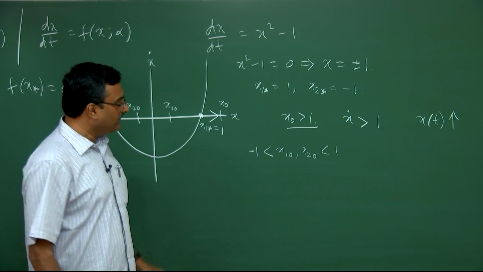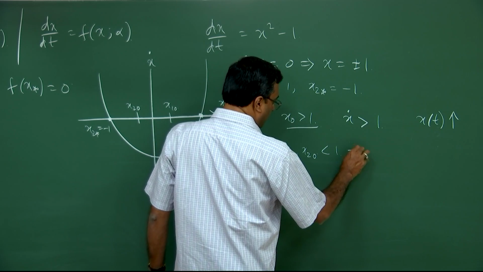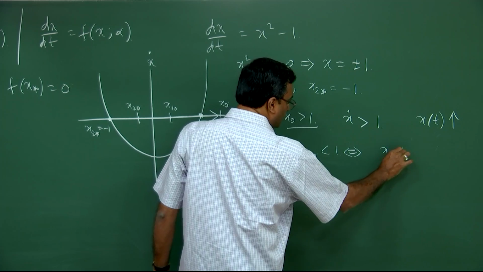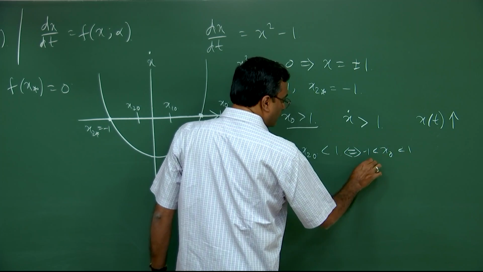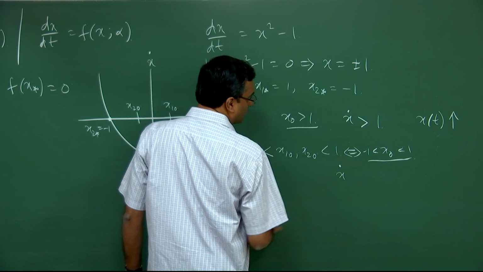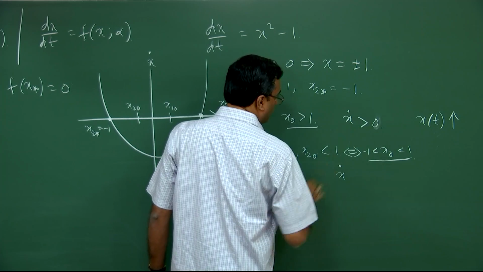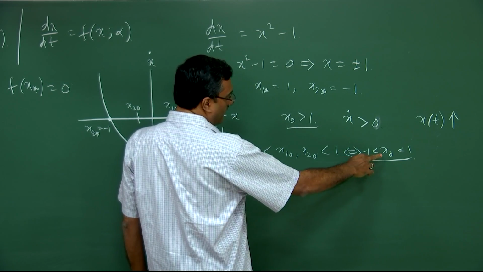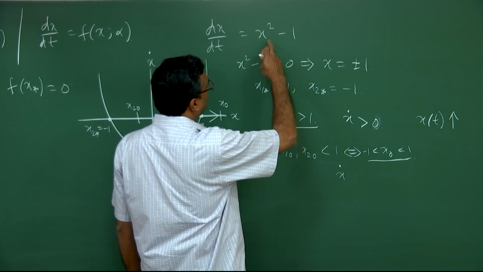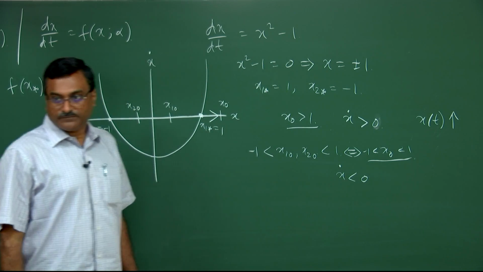For simplicity we assume these can be combined, that is, any x0 lies between minus 1 and 1. If your x0 satisfies this condition, then from here you can find x dot less than 0.